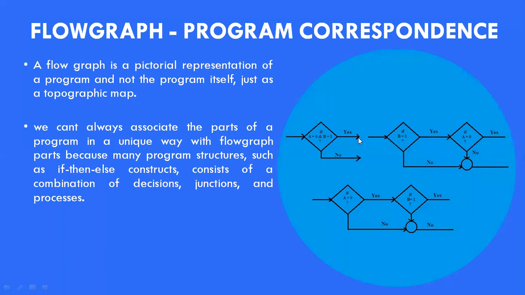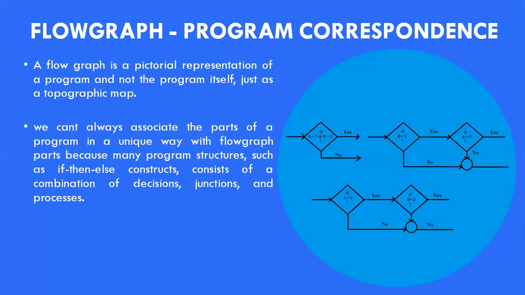This particular if statement does not have any junctions, and it has a single decision. The same flow graph can be represented with two decisions and one junction like this, or two decisions and one junction like this. So in both ways, my logic is going to work the same.